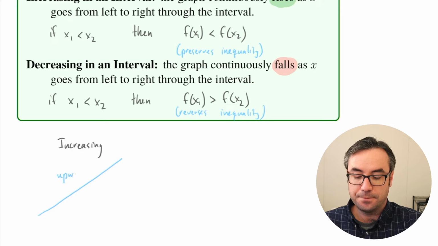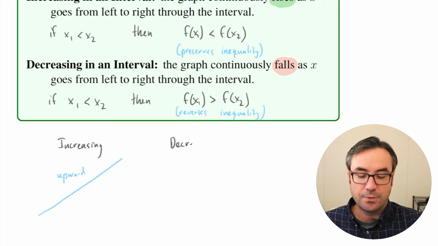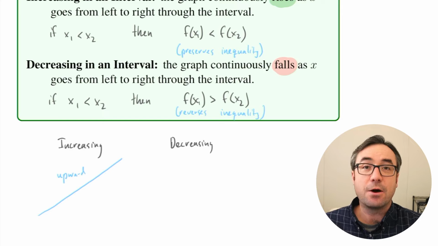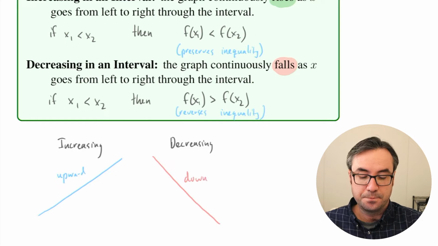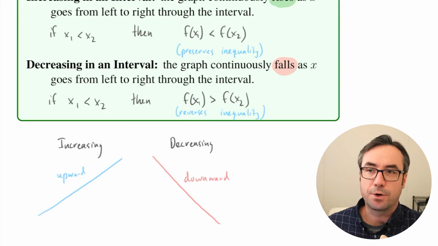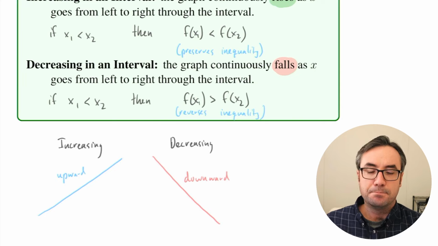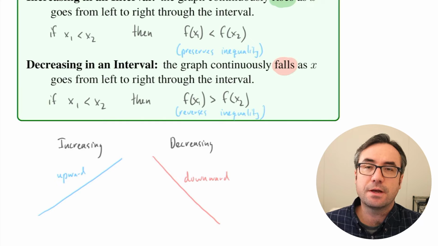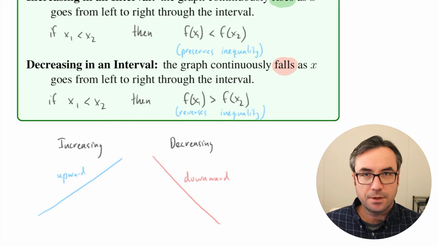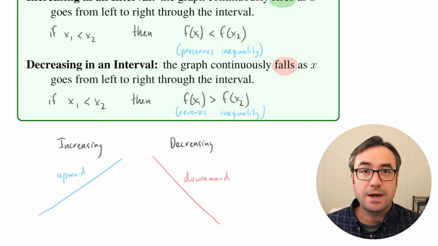A decreasing function is just the opposite: when we look at the graph, it has a downward trend. So that's a key feature when we look at functions: is the graph moving upward or is it moving downward?